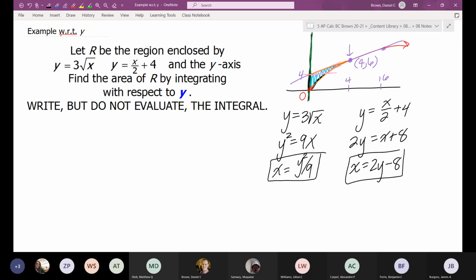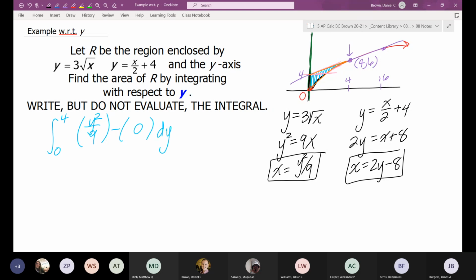The answer you should get for this one: the first region, again, we're doing it in terms of dy, starts at the y value of 0, ends at the y value of 4. The right function is the curve, which was y squared over 9. The left function was the y-axis, which we know is basically x is equal to 0.